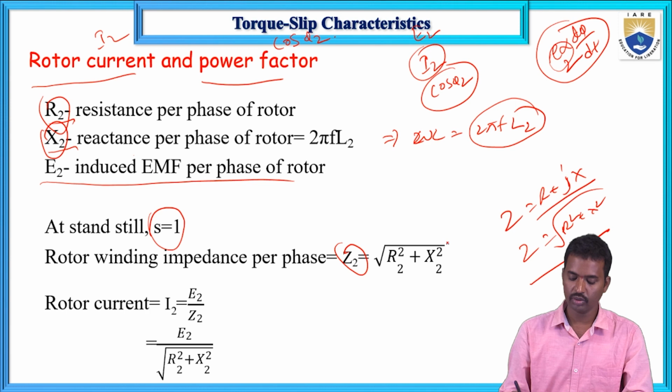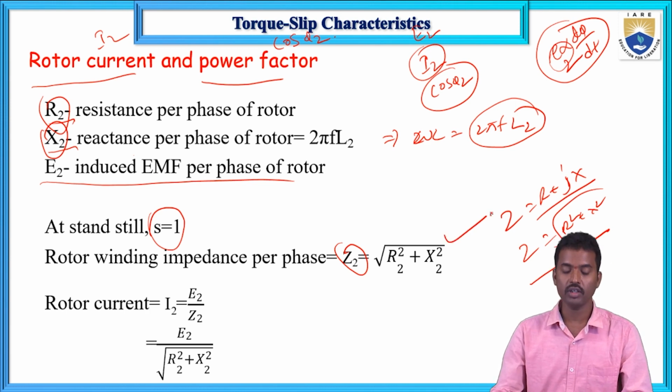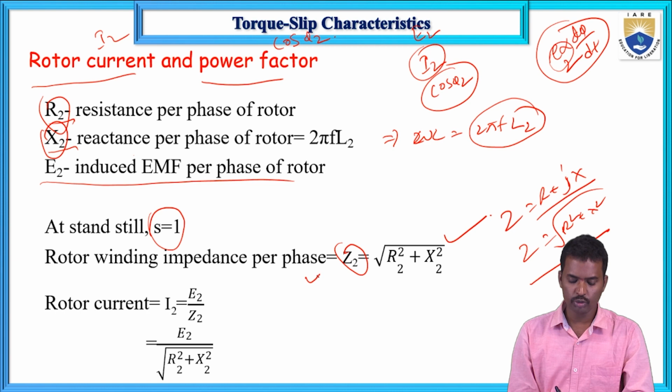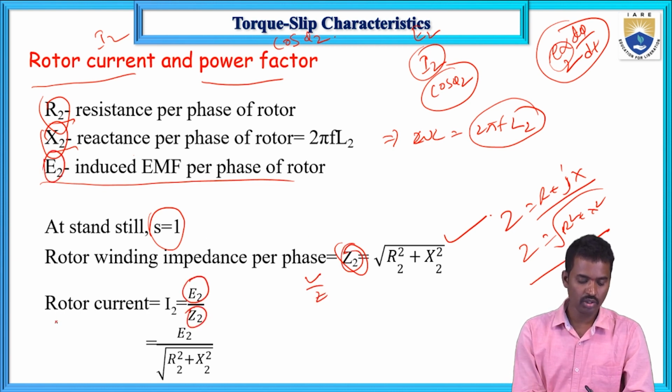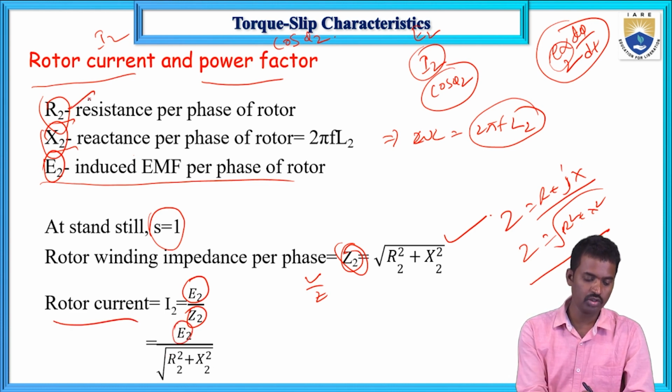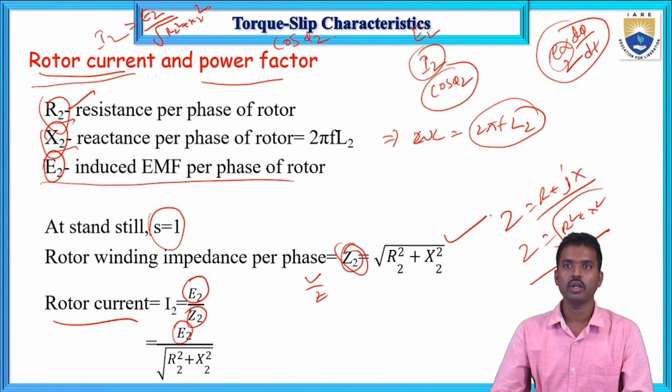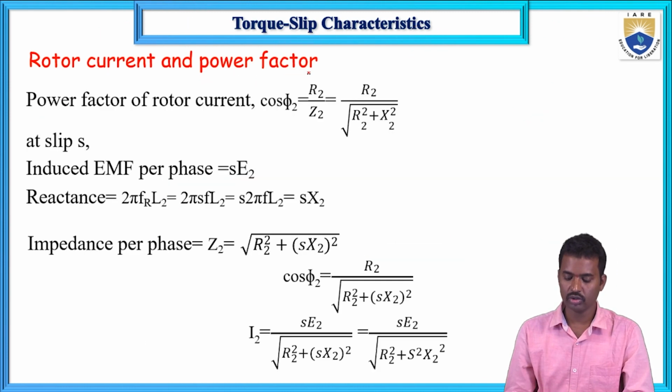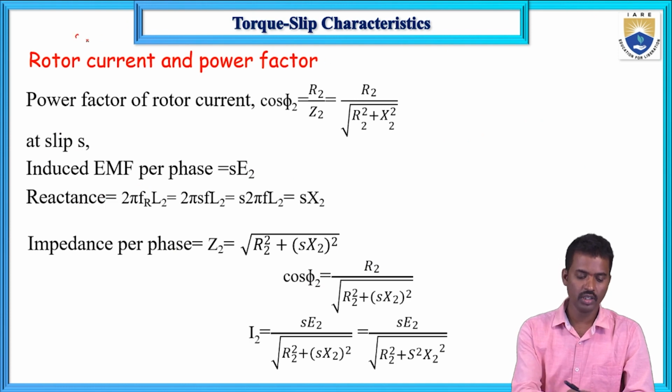Rotor current equals voltage by impedance, where the voltage is E2, so the rotor current equals E2 divided by square root of R2 square plus X2 square.